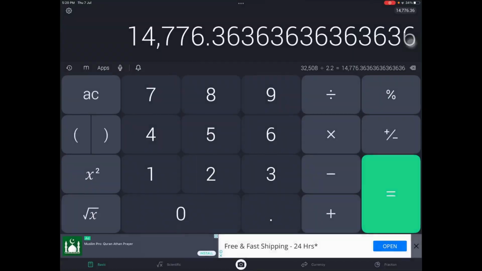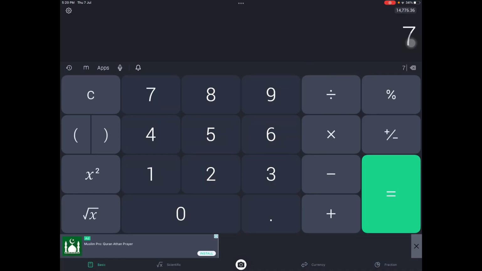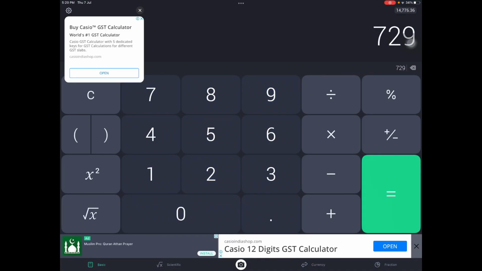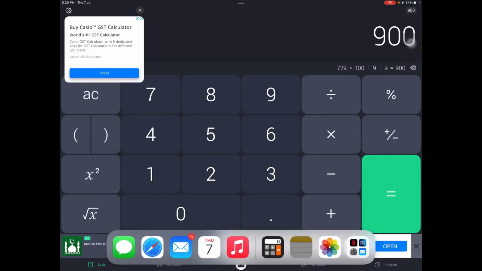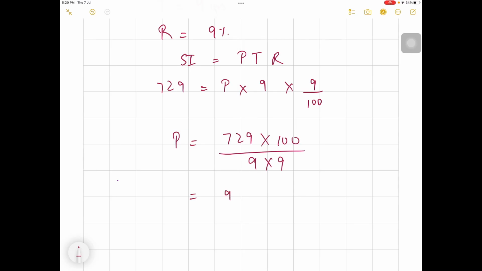Let's solve this. 729 into 100 divided by 9, which is 900. Rupees 900.